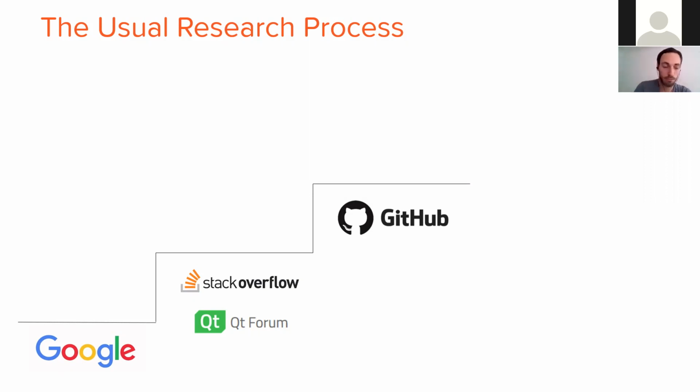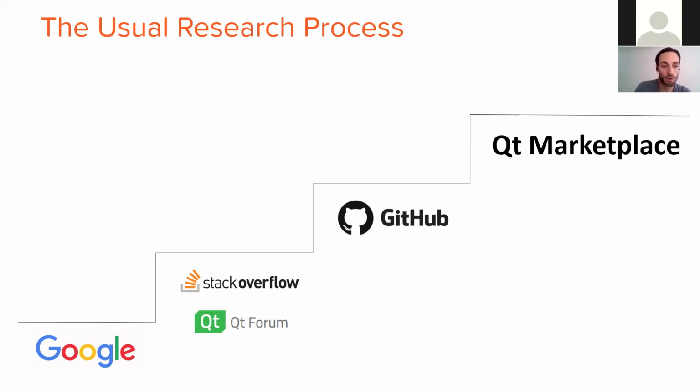Luckily, the Qt company also realized that this whole research and finding process for Qt projects is a bit too tricky currently. And that's why they announced last week at the Qt World Summit, Lars Knoll announced this at the keynote, the Qt Marketplace, which is a solution to these problems because it helps you to find solutions for Qt that are already out there and makes them easily findable and easily installable.